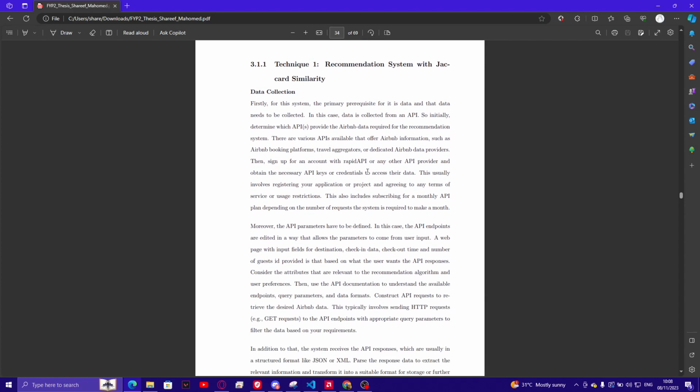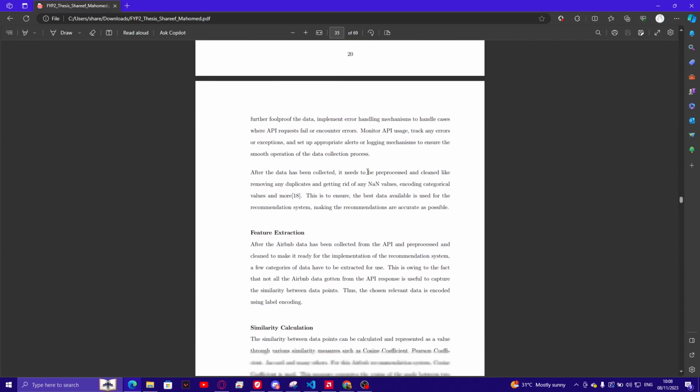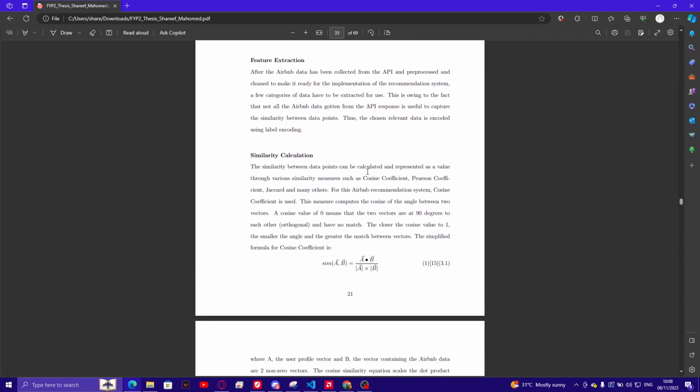The steps, of course, are data collection, which I collected from the API, and then feature extraction, which uses TF-IDF, term frequency inverse document frequency, whereby I measure or count the number of times that all the words have been mentioned in the document.